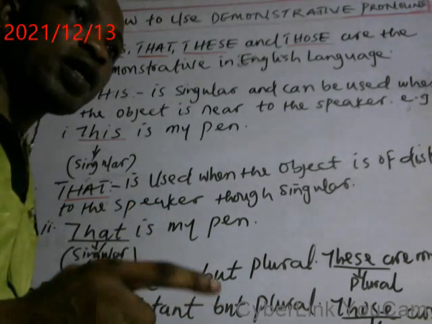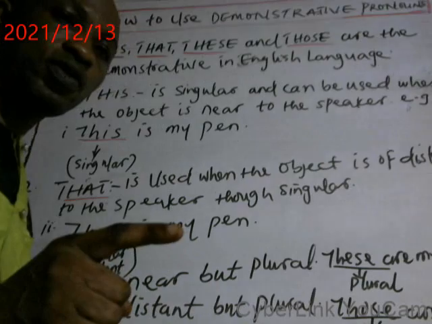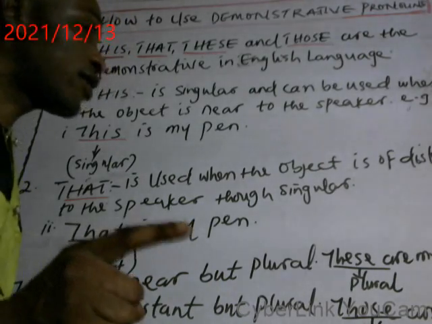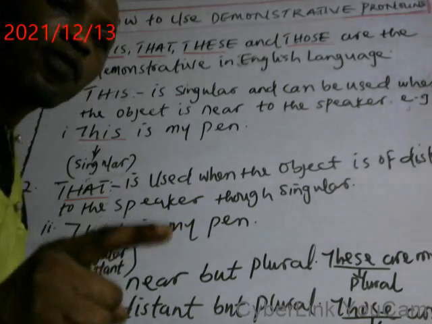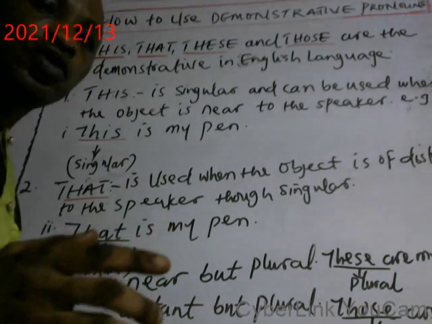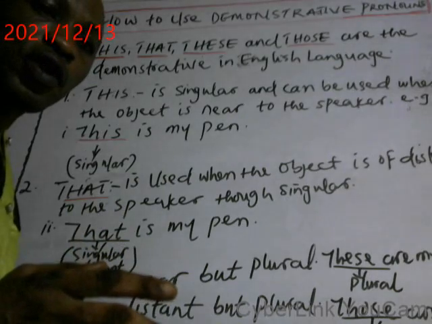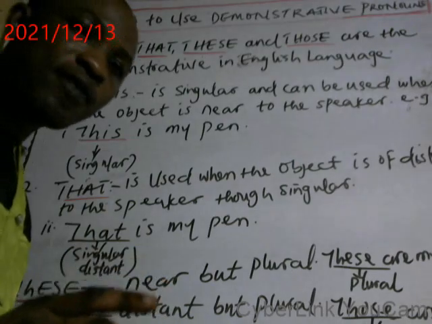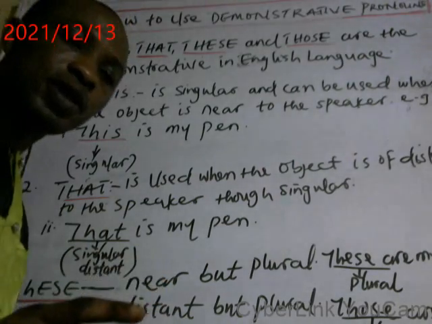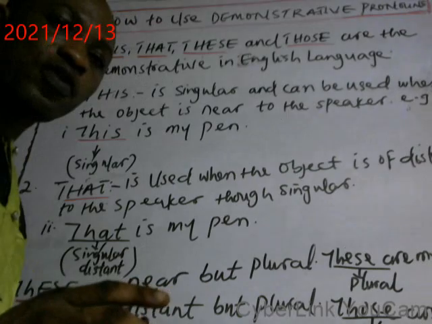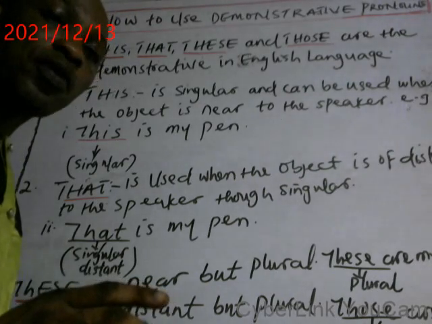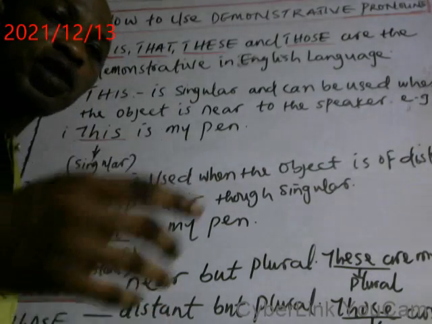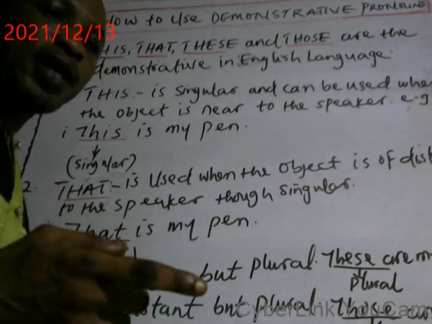It is the proximity or nearness of the object that determines the type of demonstrative pronouns to use. That is the guiding principle. If you have this at the back of your mind, using demonstrative pronouns won't pose any problem at any point in time to you, either when you speak or when you write.